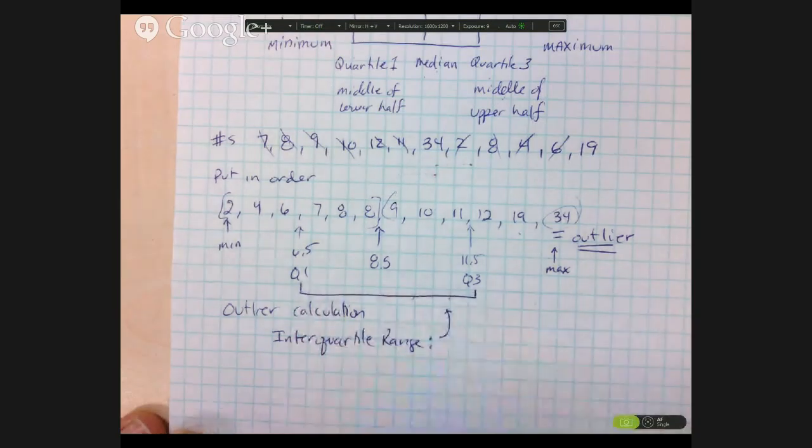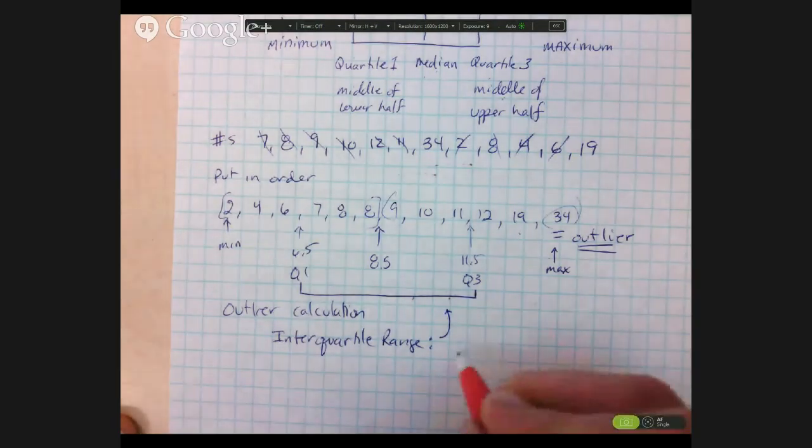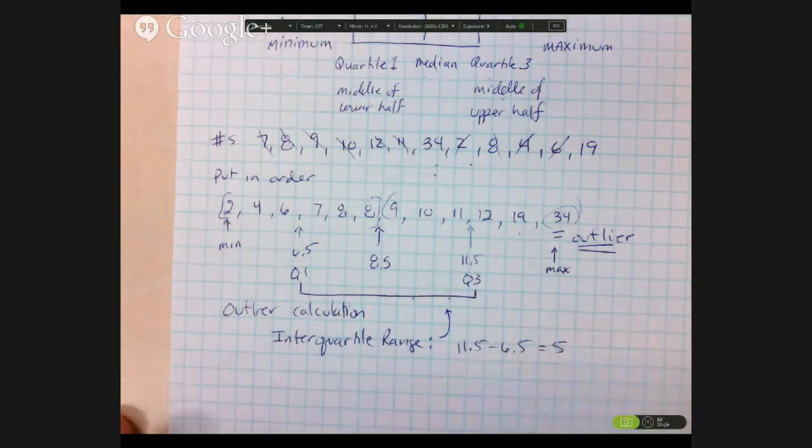It's the range of the quartiles. So it's the box, right? It's the top minus bottom of the box. In our case, 5, right?